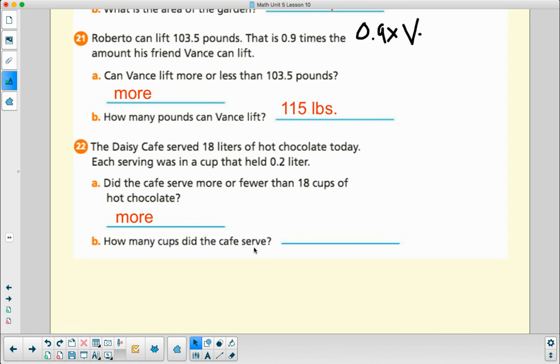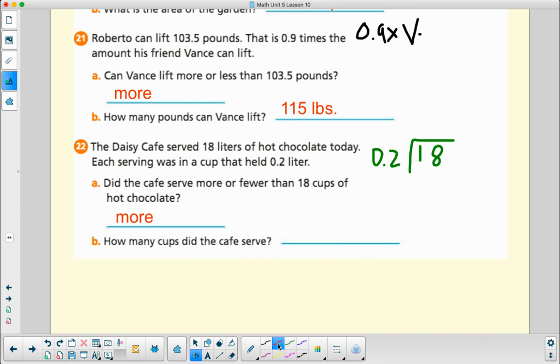All right, how many cups did they serve? Well, again, this is division to me because they have 18 liters that they divided equally into 2/10 of a liter in each cup.